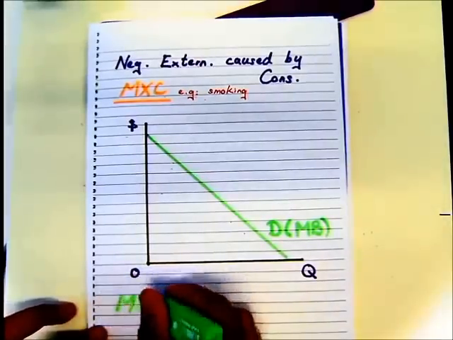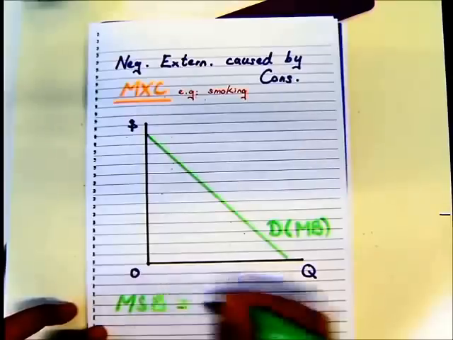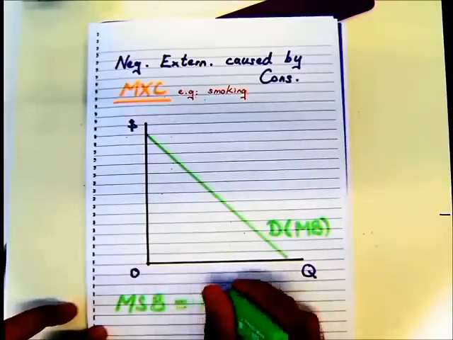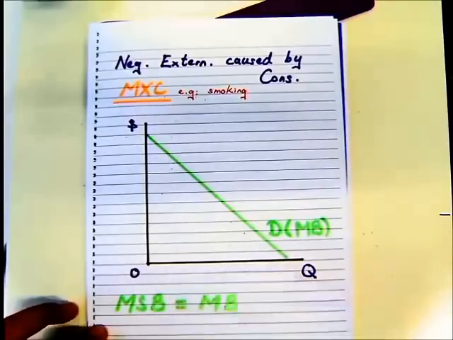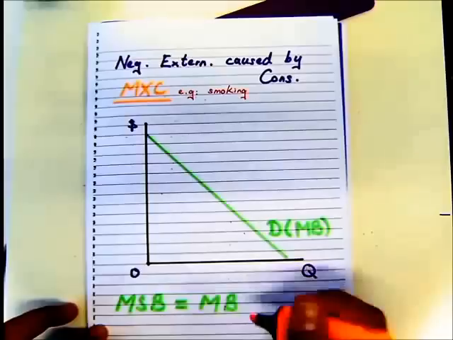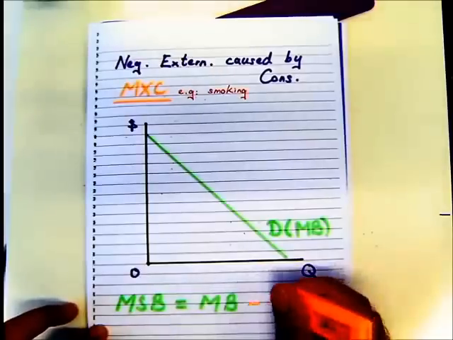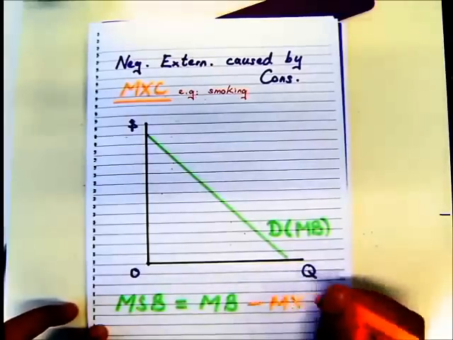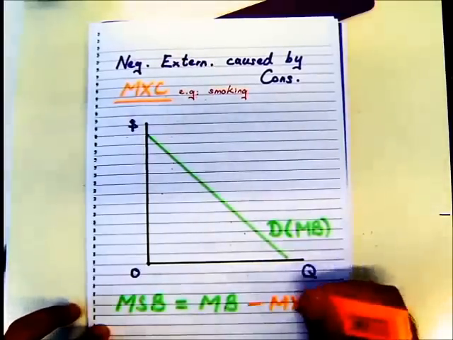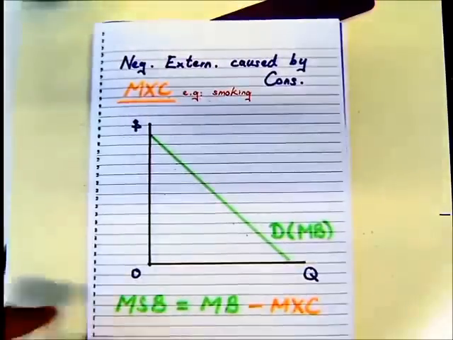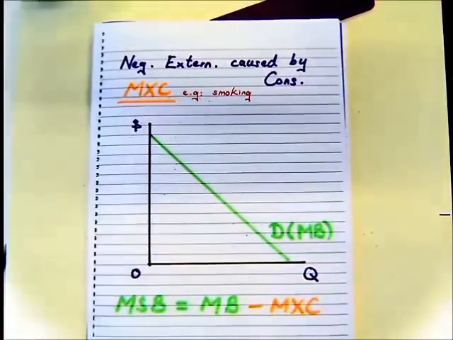So now marginal social benefit is the marginal benefit minus the external cost. Because this pollution, this smoking is actually reducing society's extra benefit.